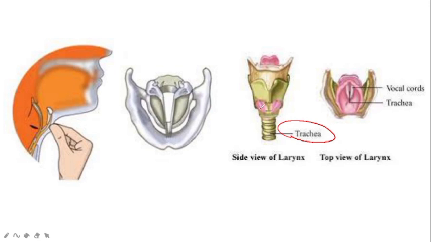This voice box or larynx has two vocal cords, as you can see in this picture. Here 1 and 2. How many vocal cords? Two vocal cords.